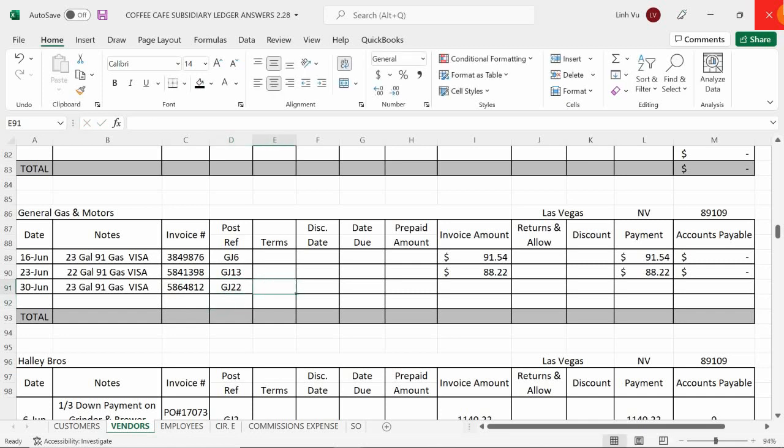We charged our card for $91.31, and we paid with the Visa credit card. So I owe General Gas and Motors nothing.